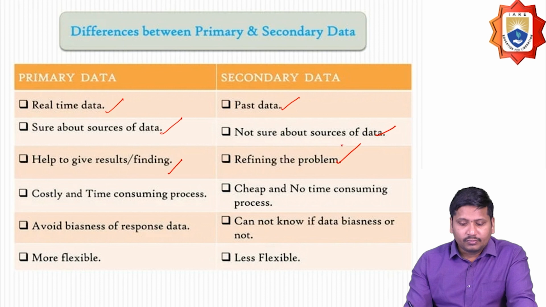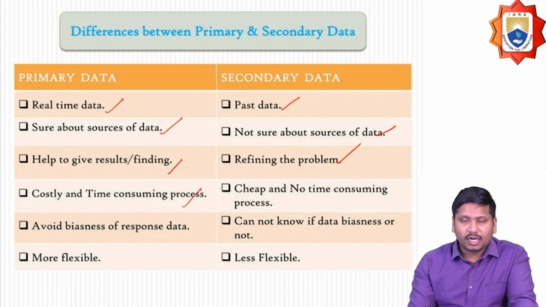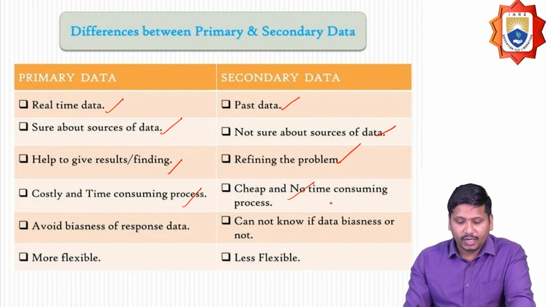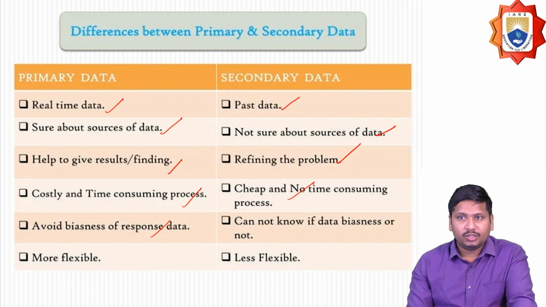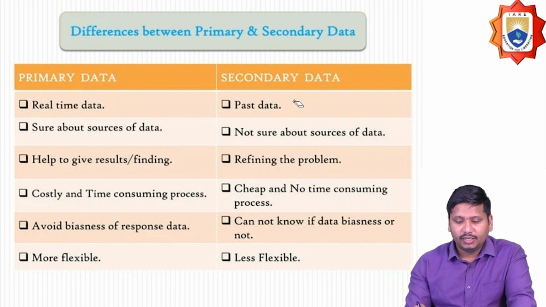Primary is mostly a costly and time-consuming process, but secondary is cheap and no time-consuming process is required. Primary also avoids the biasness of the response data, but with secondary you can't know if the data is biased or not. Primary is more flexible and secondary is less flexible. So these are some of the differences between primary and secondary data.